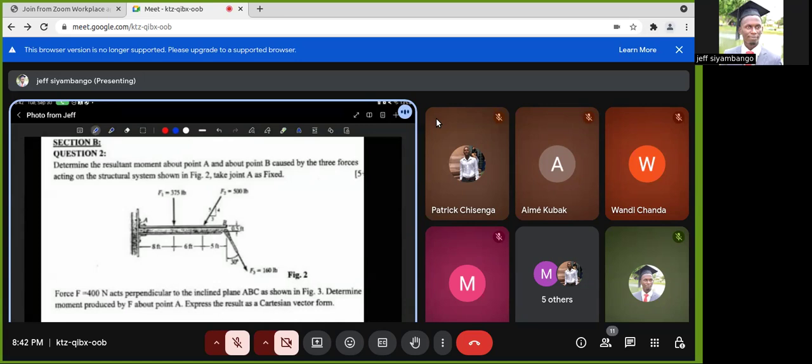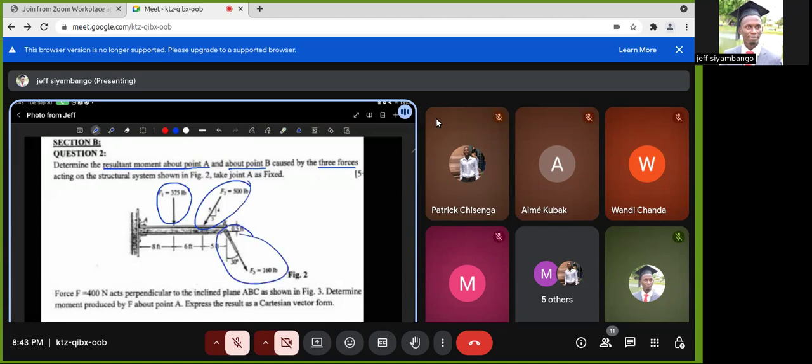Now here, we're to take moments about point A and about point B caused by the three forces. Which three forces? We've got F1, F2, and F3.